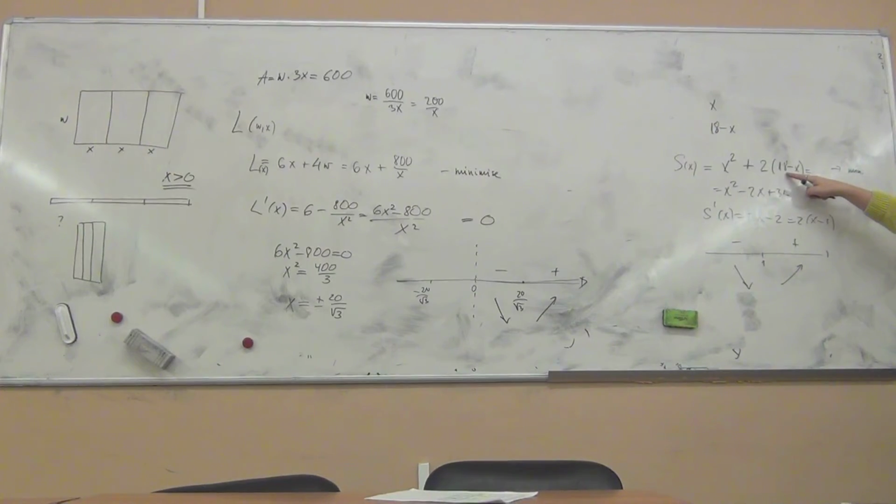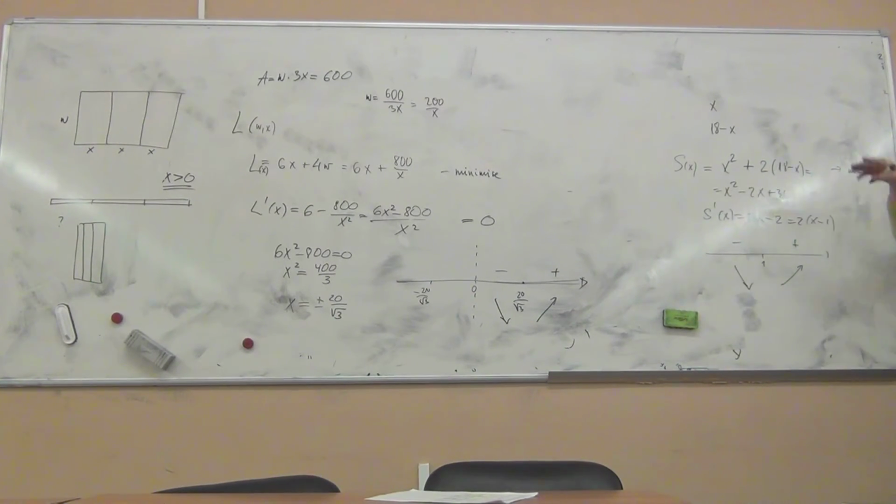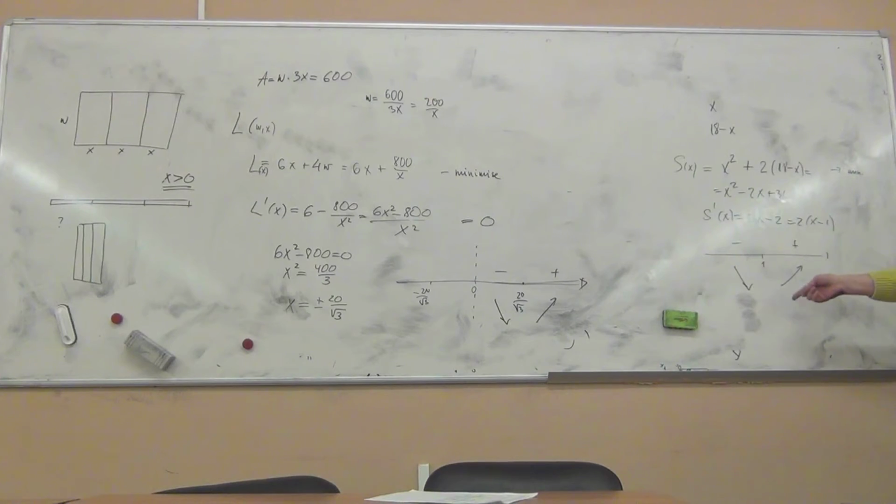You see, 18 appears only in this place. When we derive, it doesn't influence the derivative. So whatever the sum you require, one of those numbers will always be 1 in this situation. That's an interesting one. In this case, it should be 1 and 17. Or if the sum of those two numbers is 100, then it would be 1 and 99. Which seems strange at first.